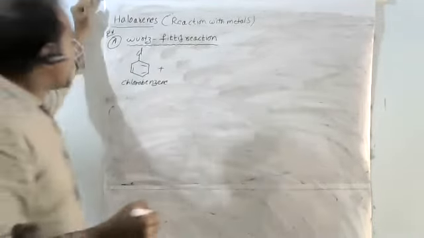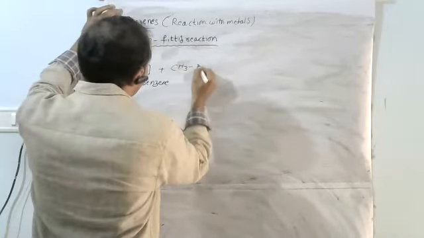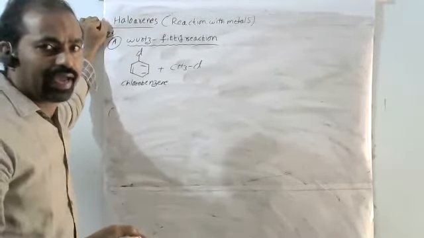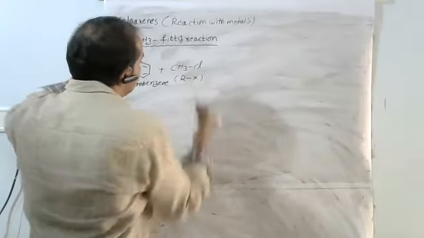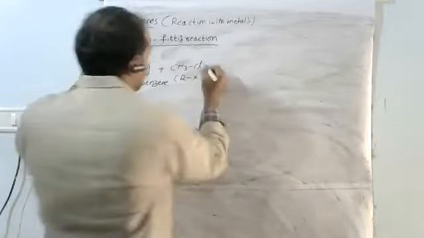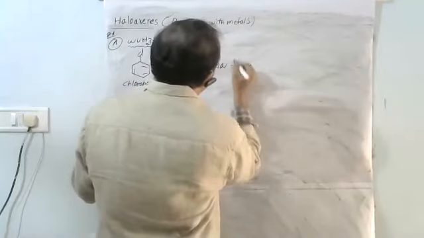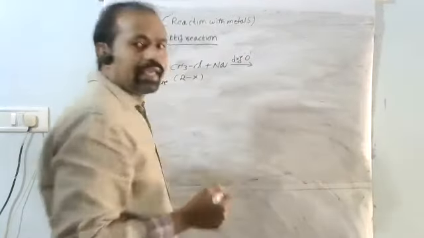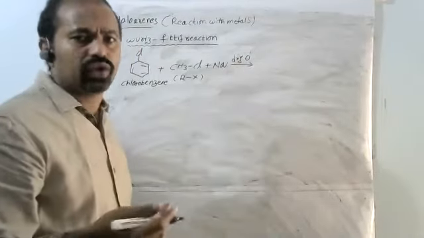It reacts with an alkyl halide, methyl chloride, with sodium Na in the presence of dry ether. We take dry ether here.